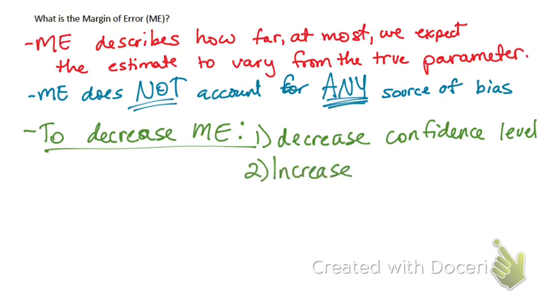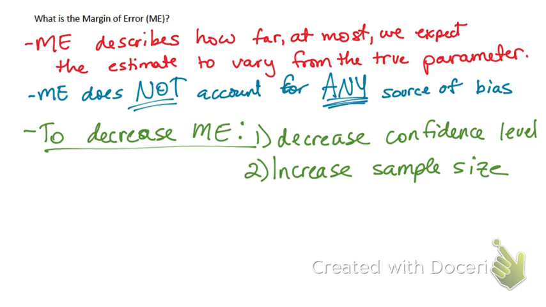Increase your sample size. If you take a bigger sample from the population, you should have a better idea of what the true value is, and then you can shrink that margin of error. Basically, in all contexts, always increase sample size. Yes, how to fix anything that you do, statistically speaking, increase your sample size.